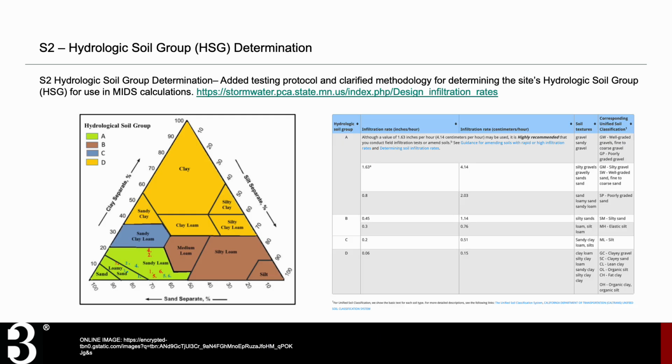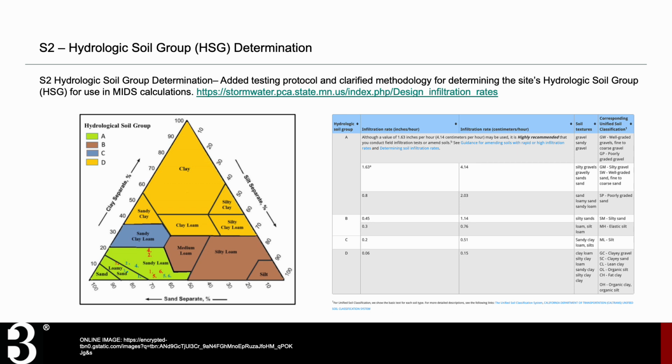In line with the modifications to the stormwater evapotranspiration requirements in the new calculator, we've also updated our guidance on hydrologic soil group determination, so that's HSG for short, and we've done this based on the guidance in the Minnesota Stormwater Manual.